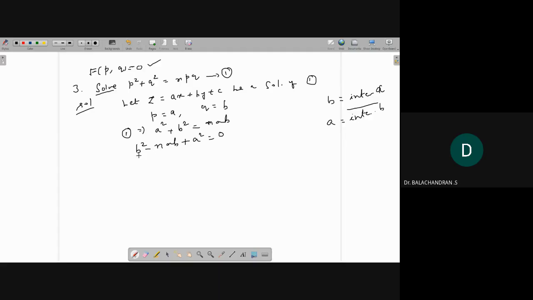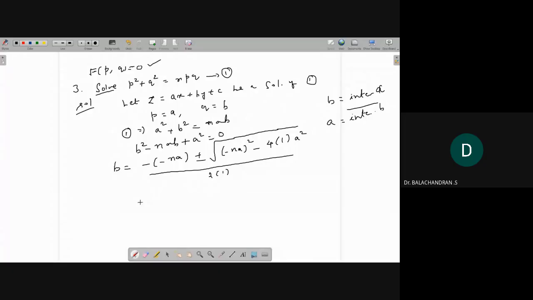Now I am going to solve this for b. So b equal to minus of minus na, plus or minus root of b square, that is minus na whole square, minus 4 into a into c, where a is 1, c is a square, divided by 2 into a, where a is 1.